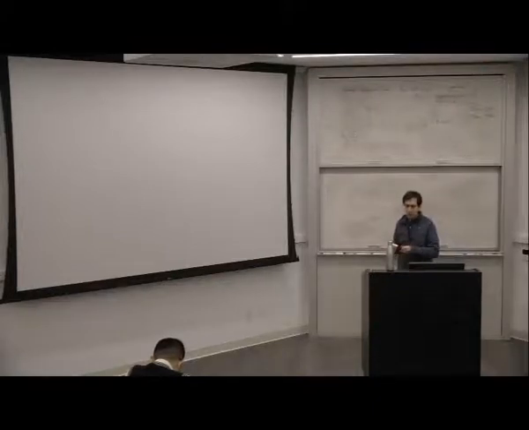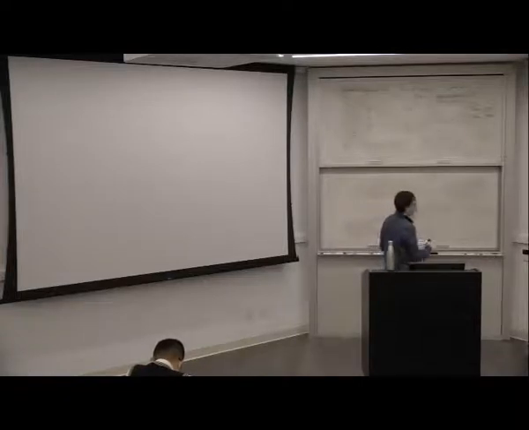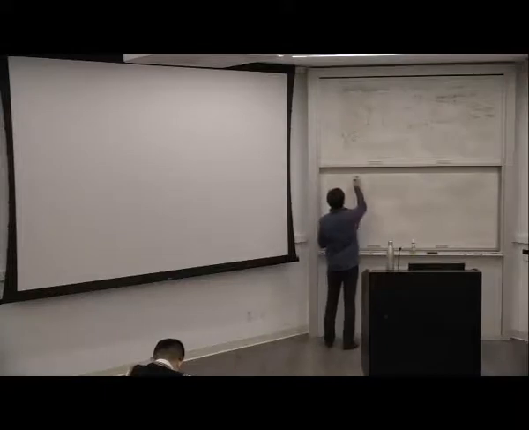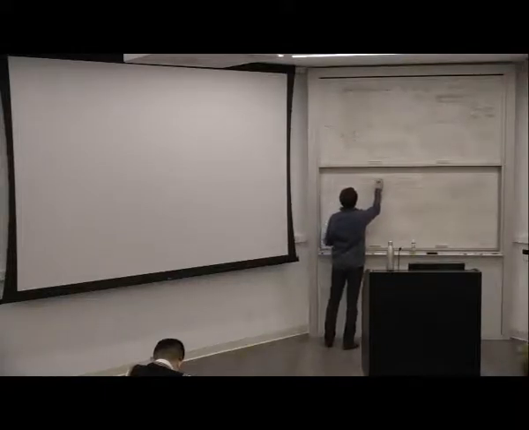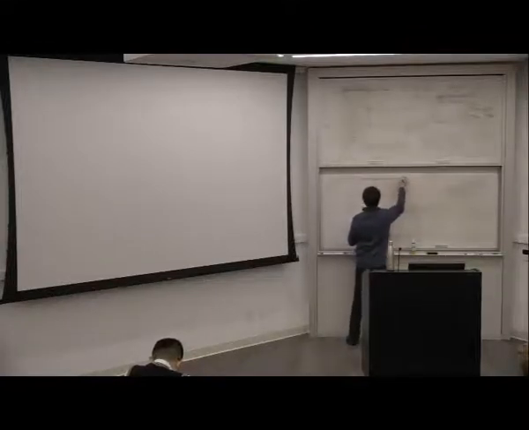Let me see if I have the references for the papers here, just in case you want to check. If you want to read about that notion of optimality and stochastic gradient descent, you can check the book by Nemirovsky and Yudin, written in 1983.